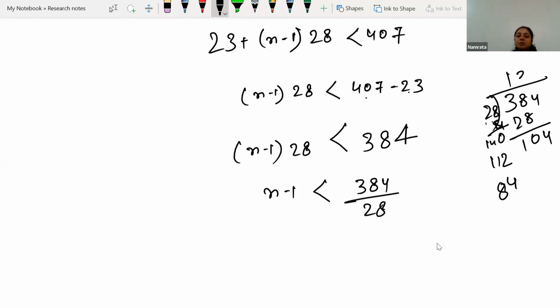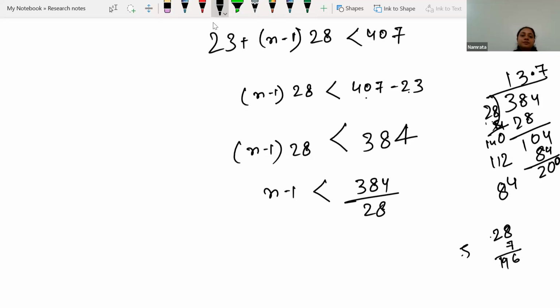Okay, 3 times it's coming, 84. Remainder is 20. 200 we are getting. So we are getting 13 point something. Let's find it till one decimal place at least. 28, maybe 7 times, 196. So we are getting 13.7.